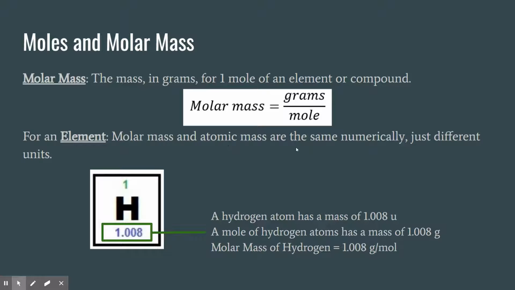They're just different units. So when I look at a periodic table box, the 1.008 is the atomic mass of one hydrogen atom in AMUs, or atomic mass units. But it's also the molar mass, 1.008 grams for an entire mole of hydrogen atoms. So that molar mass is the same numerically, it just has a different unit of grams now, or grams per mole.